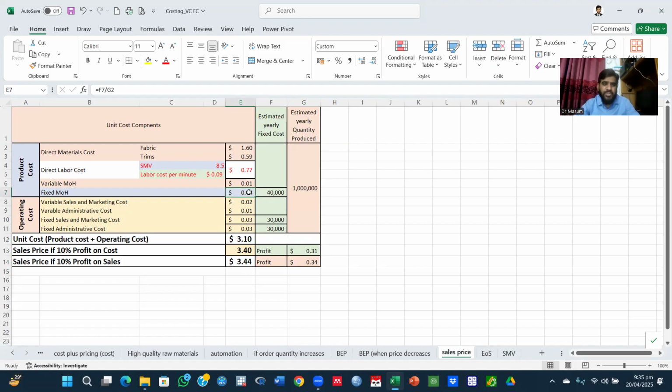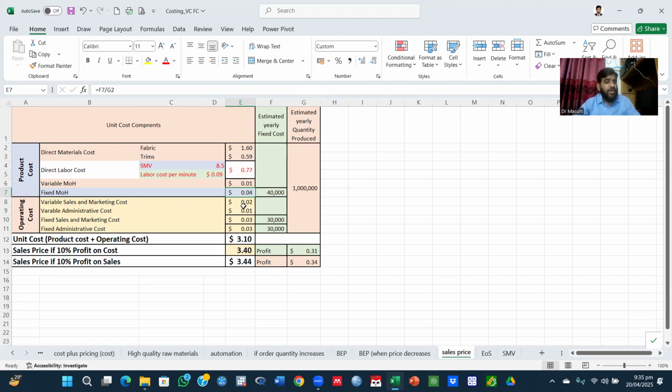That's why 0.40 is your fixed manufacturing overhead cost. And if you remember, in our previous lecture we defined it as the predetermined manufacturing overhead rate. So this is the predetermined manufacturing overhead rate per unit.